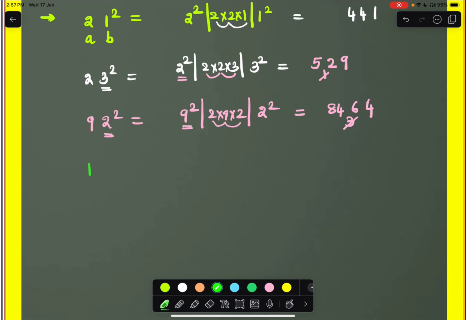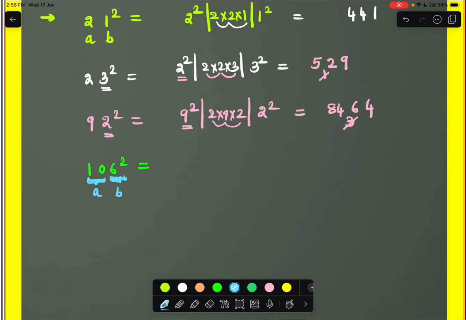Similarly I'm taking the 106 square value. Here we can handle this with a three-digit number. I can consider b as a single-digit number or a double-digit number, not a problem. First I'm taking b as a single-digit number, 6, and a as 10, a two-digit number. Since b is a single-digit number, in all places we fill only one digit.